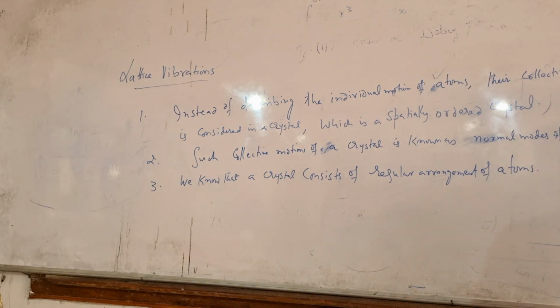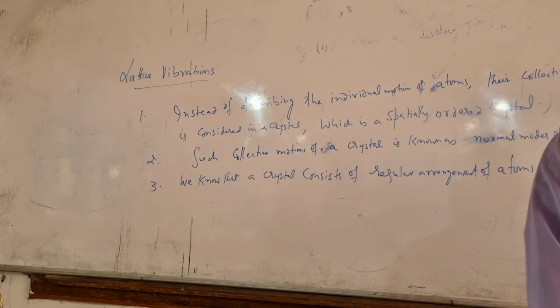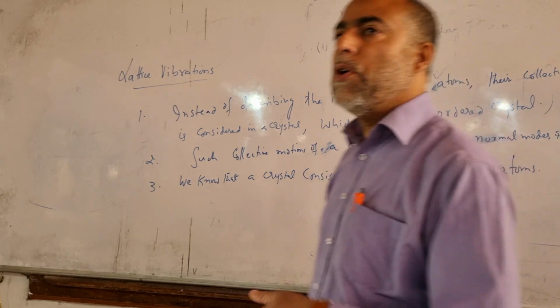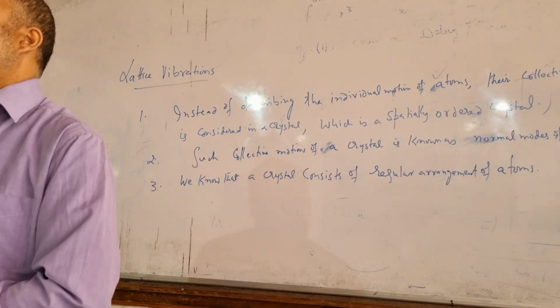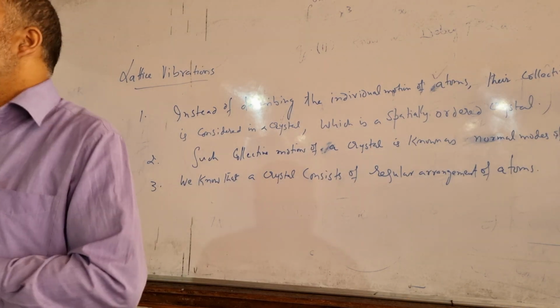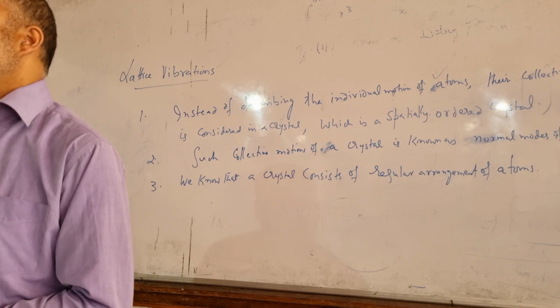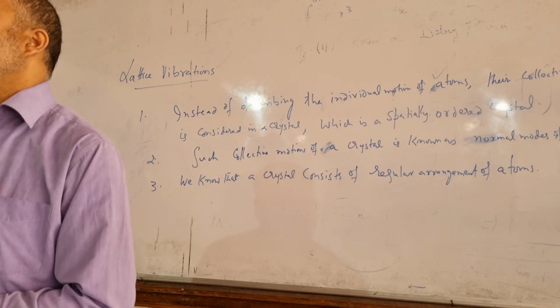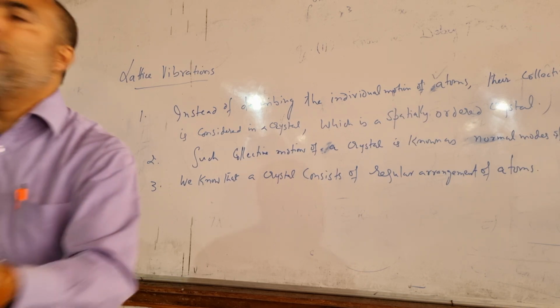At absolute zero Kelvin, these atoms occupy their equilibrium positions, because motion will be observed, the atoms will oscillate, only if you provide some energy to them. At absolute zero, you cannot provide any energy so that they can oscillate. So at absolute zero, they always retain their equilibrium position.